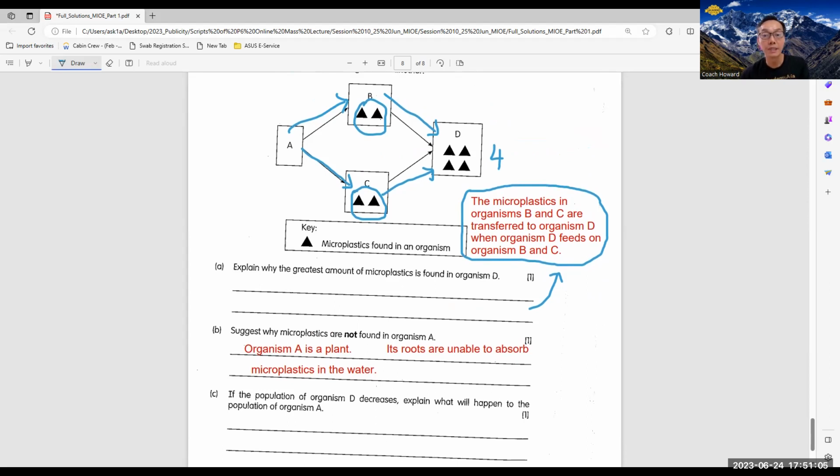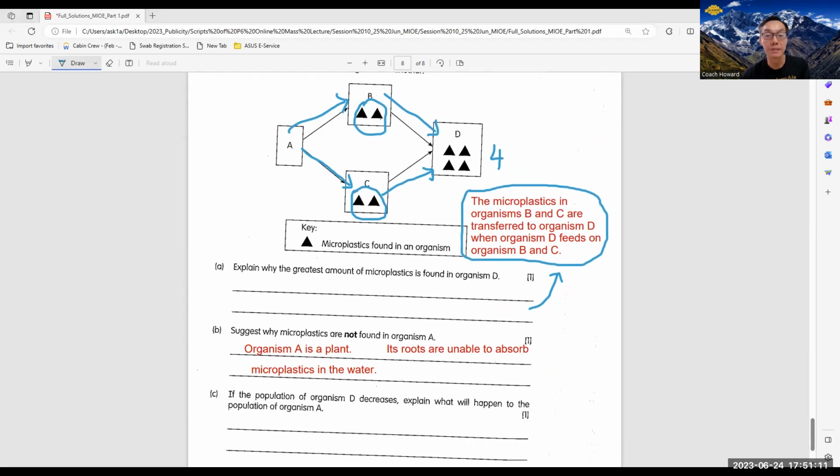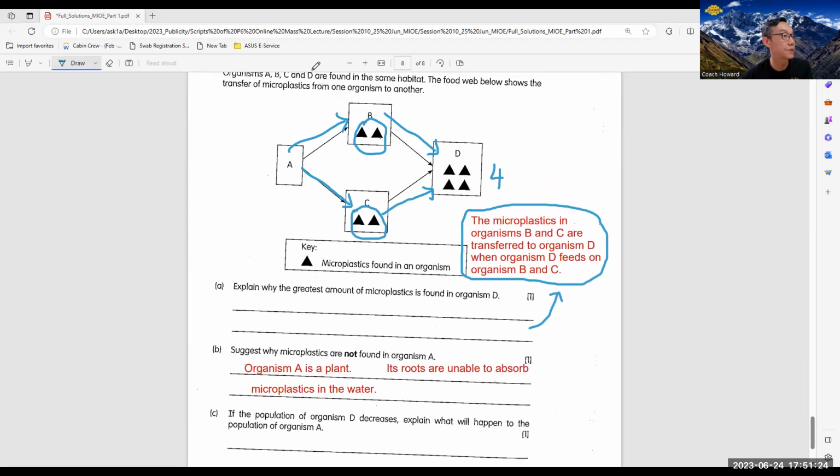Okay, the last one. Question 20, right? Okay, part B, part C. Part C, you try to answer. If the population of organism D decreases, explain what will happen to the population of A. So you can annotate here.